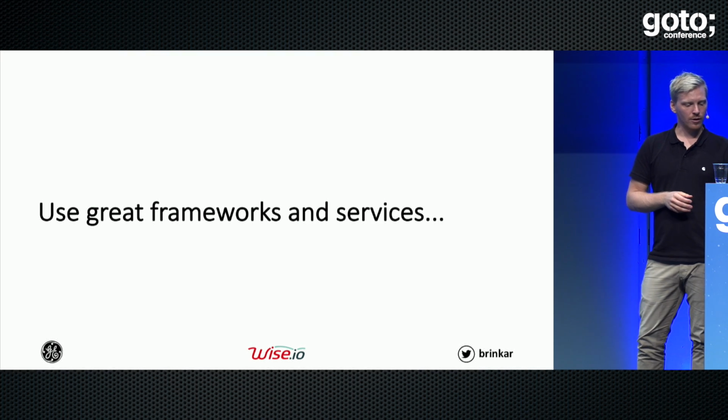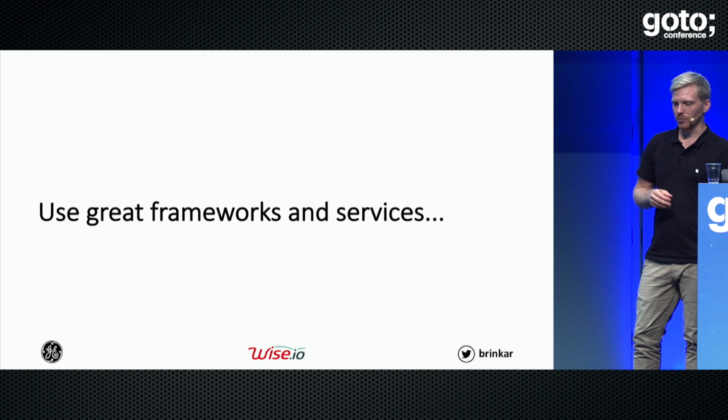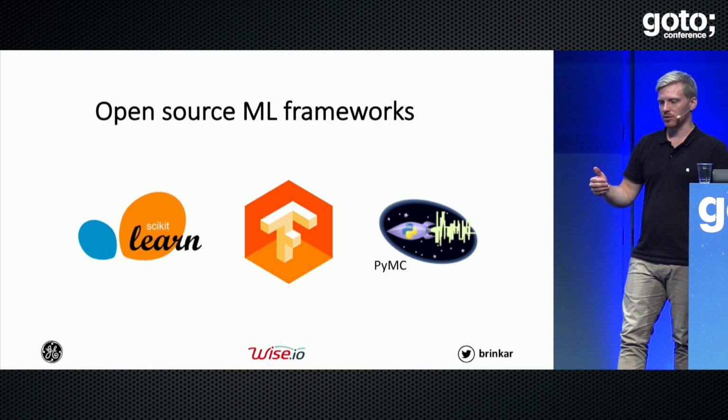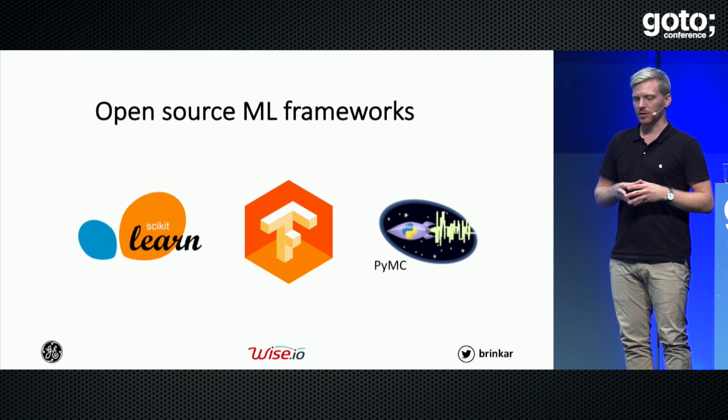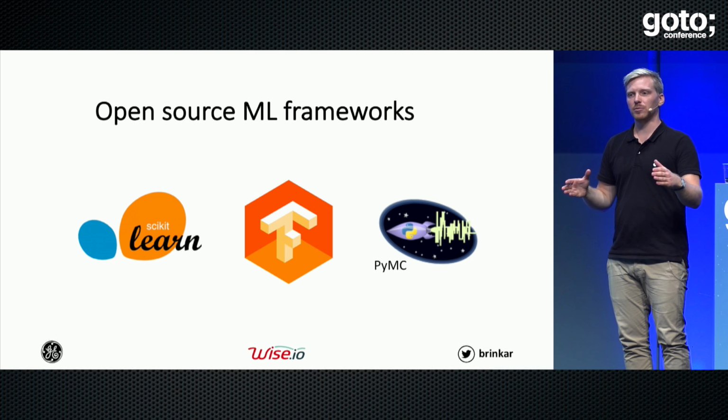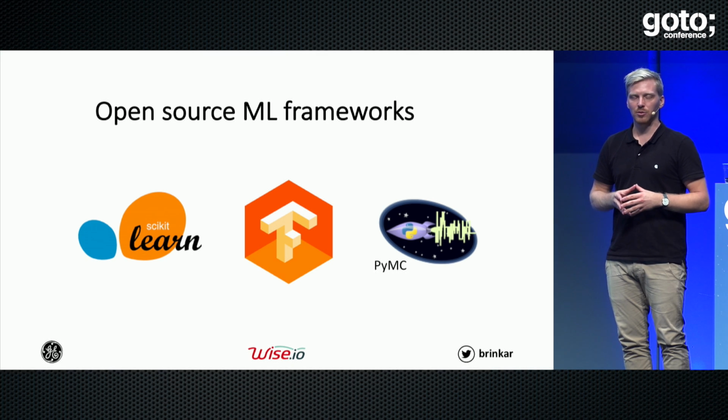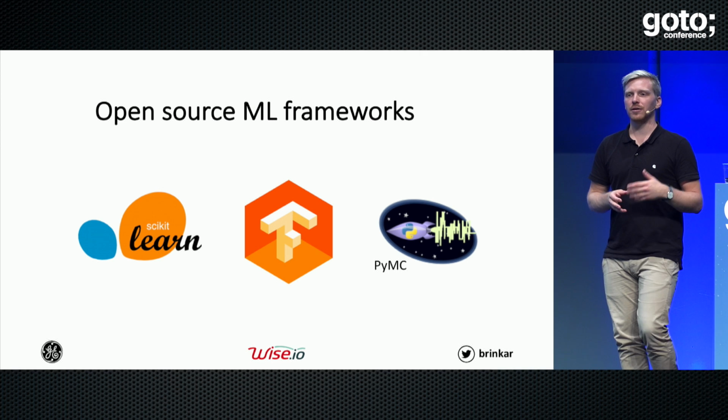But to actually build the models, just some of my favorites, if you want to get started, scikit-learn is really good if you use Python. You can actually build these complete pipelines in scikit-learn and have optimizations done over the entire pipeline. And that's something that's really useful to do when you're getting started.